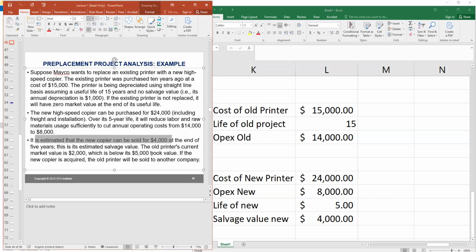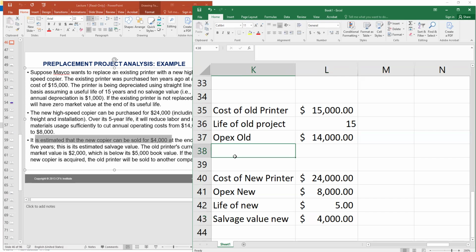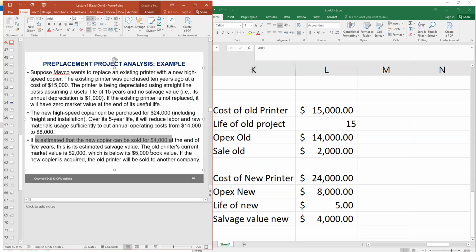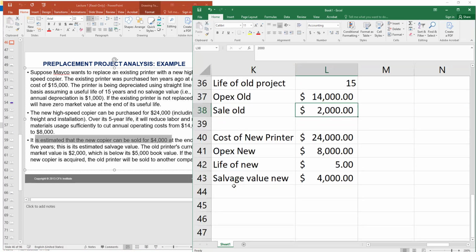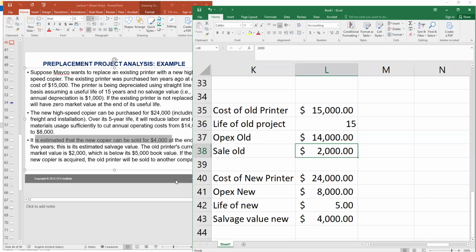And the old printer's current market value is 2,000. So currently, sale old, yeah, is how much? 2,000. This is how much we can sell the old one for. Okay, we go further, but we're going to be selling it at the end of the 10th year.